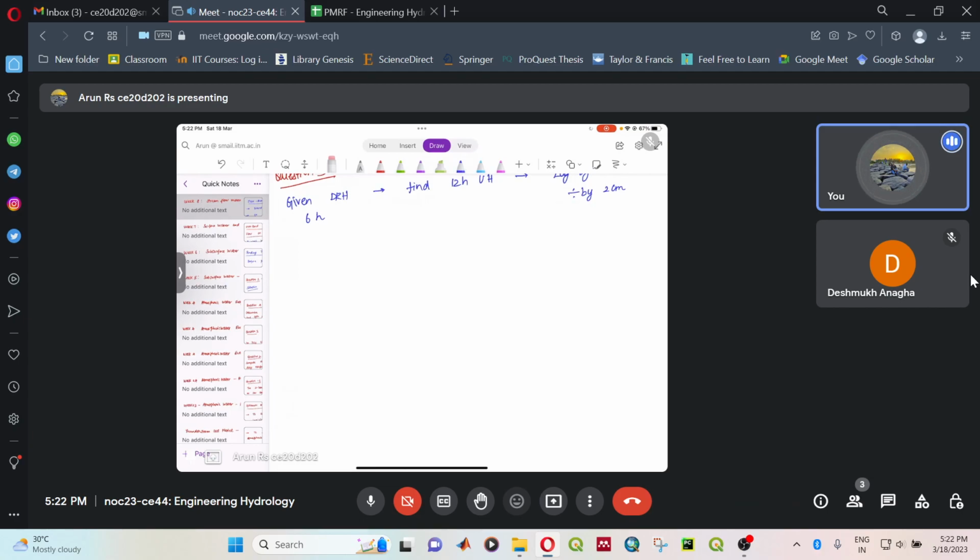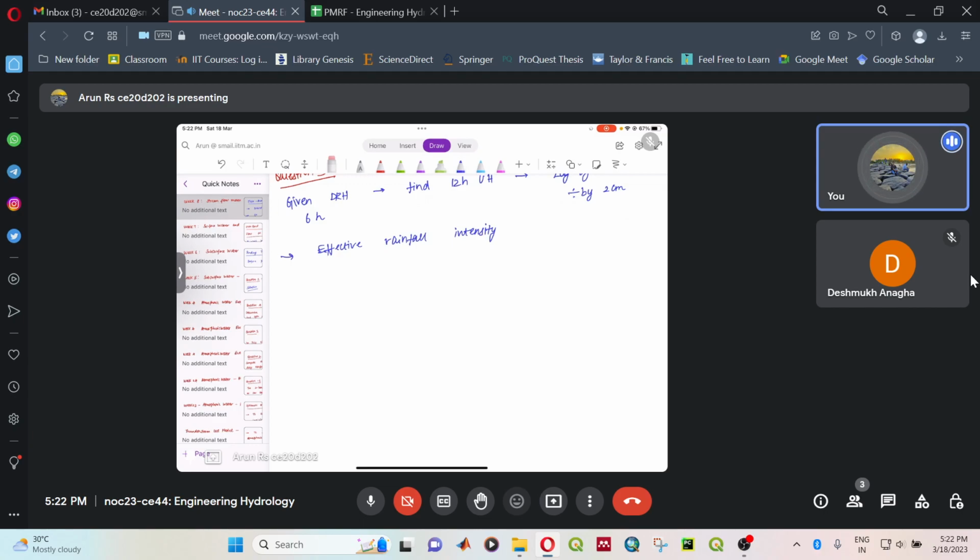And the second part of the question, effective rainfall intensity is given, and we need to find out.